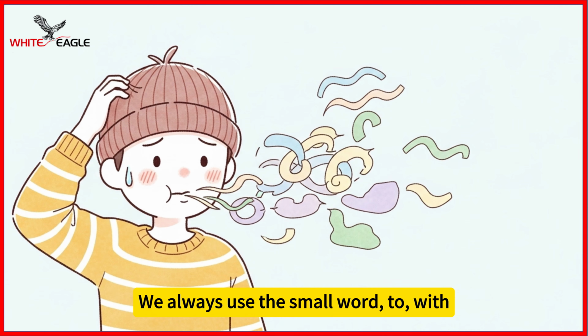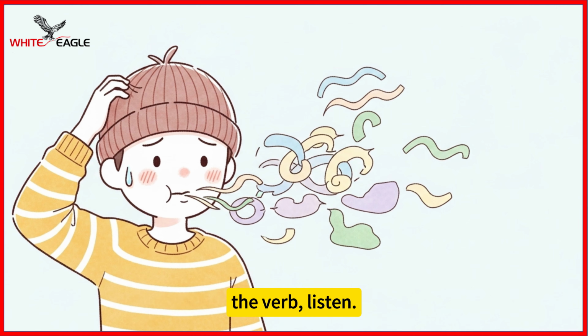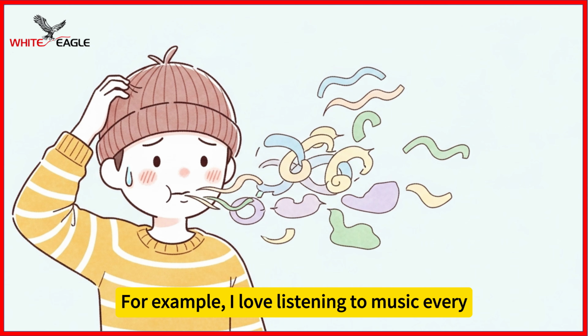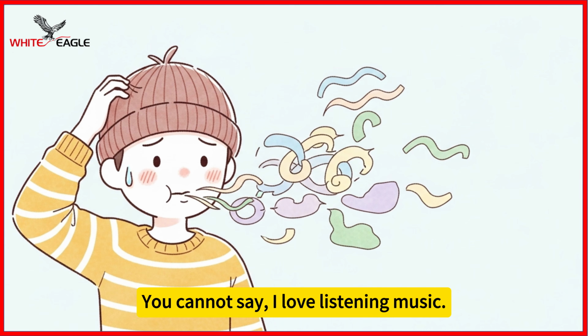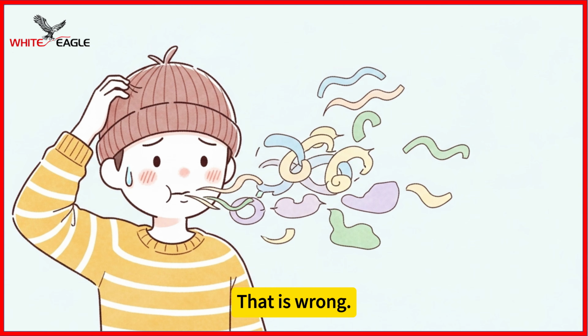We always use the small word to with the verb listen. We listen to someone. We listen to something. For example, I love listening to music every day. You cannot say, I love listening music. That is wrong.